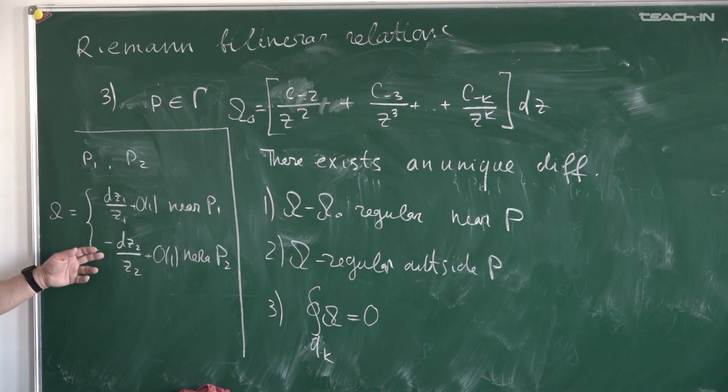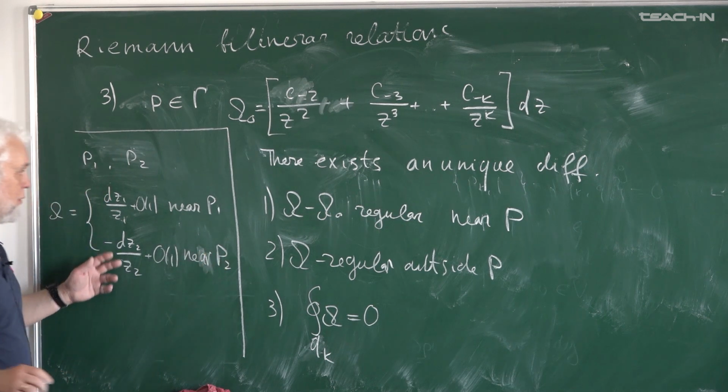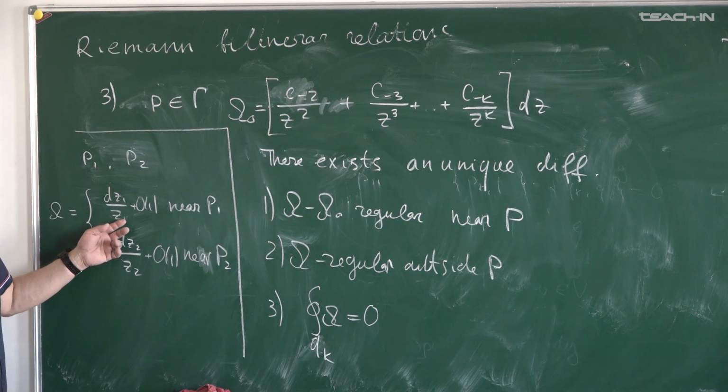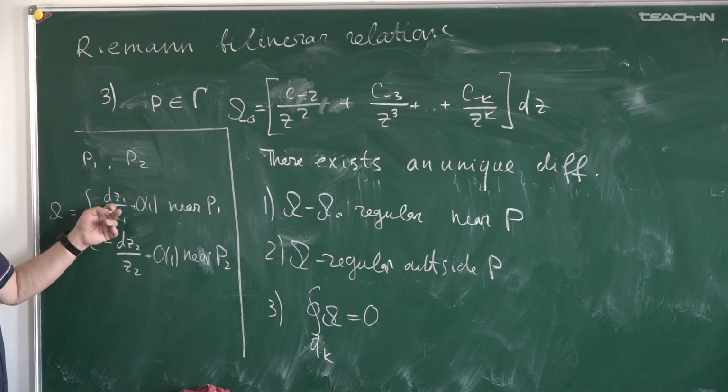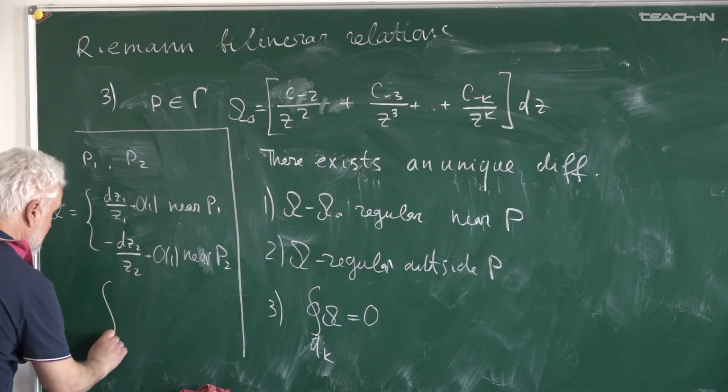Then there exists a unique differential such that it has a first order pole with residue 1 at P1. It has a first order pole with residue minus 1 at P2. And okay, the integrals.